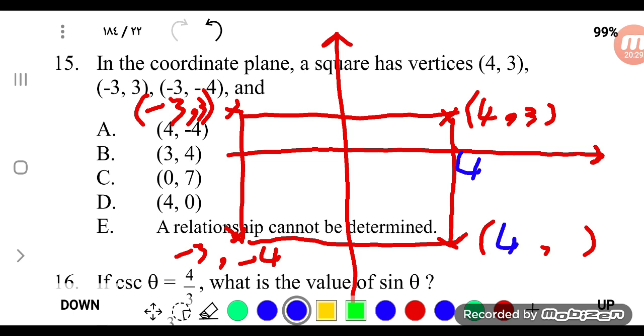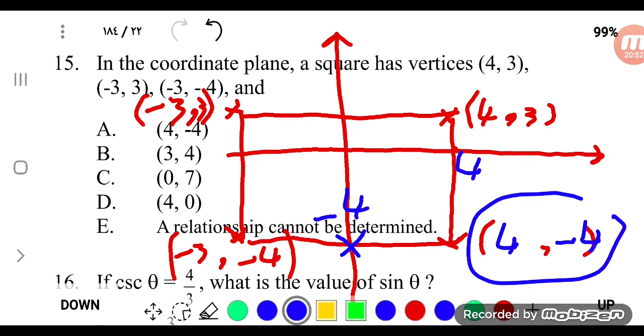And since the y here is -4, this means here the y is -4. So the answer will be 4, minus 4, and this is option A. So option A is correct.